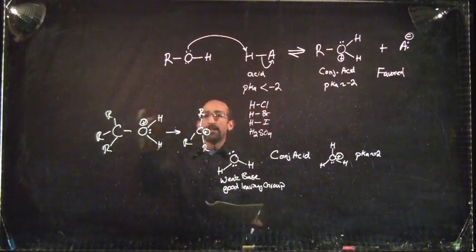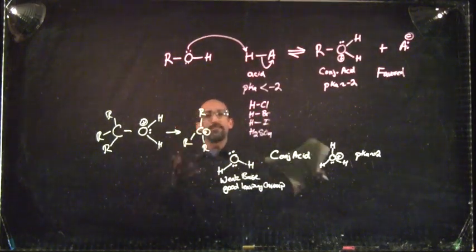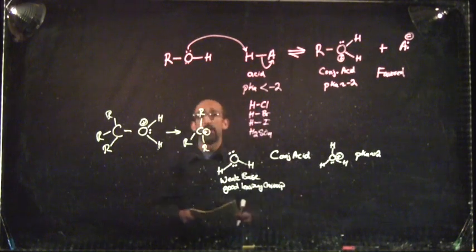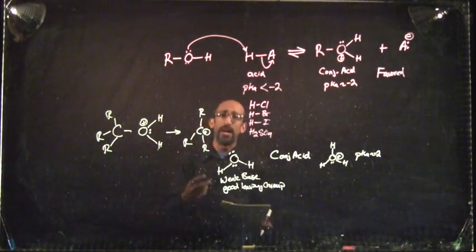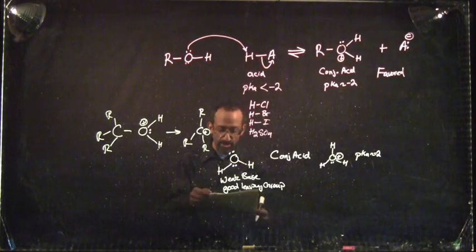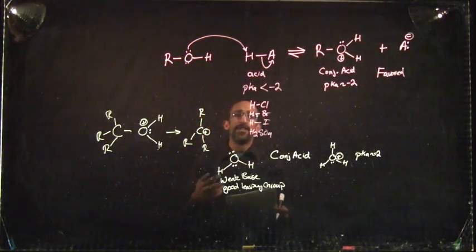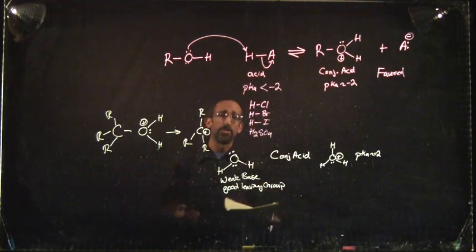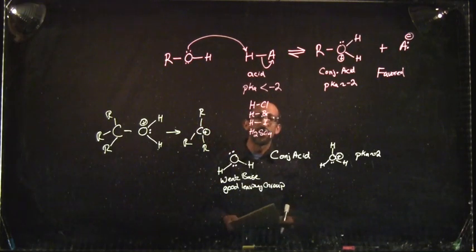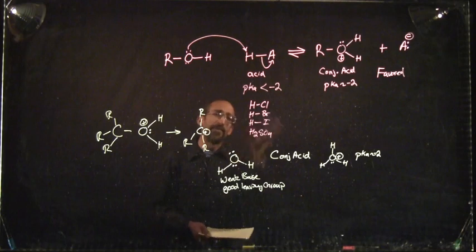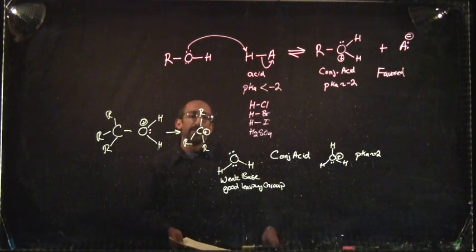Now that we have one method by which we can use alcohols for substitution reactions, the next thing we want to do is consider some of the properties of what substitution reactions under these conditions are going to look like. So I'm going to clear off the board, and we'll be right back to take a look at that.